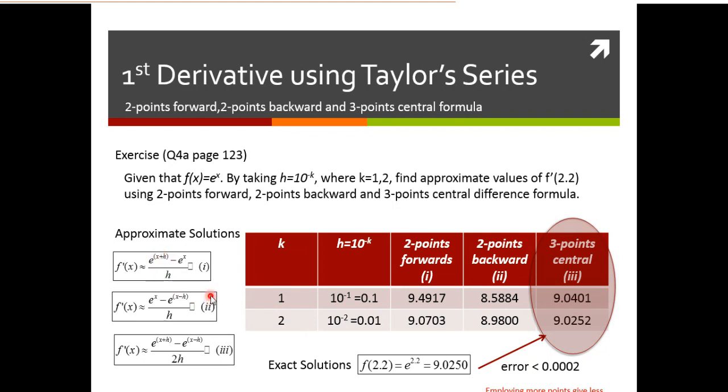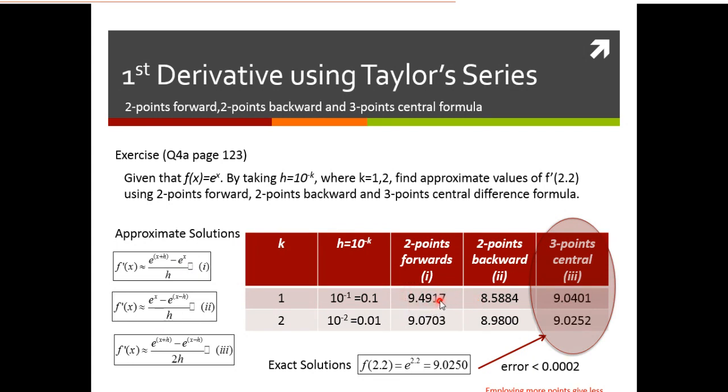Okay, so when you tap on the calculate button, you can replace the x value with 2.2, and then you replace the h being 0.1. Okay, and then just find the answer.